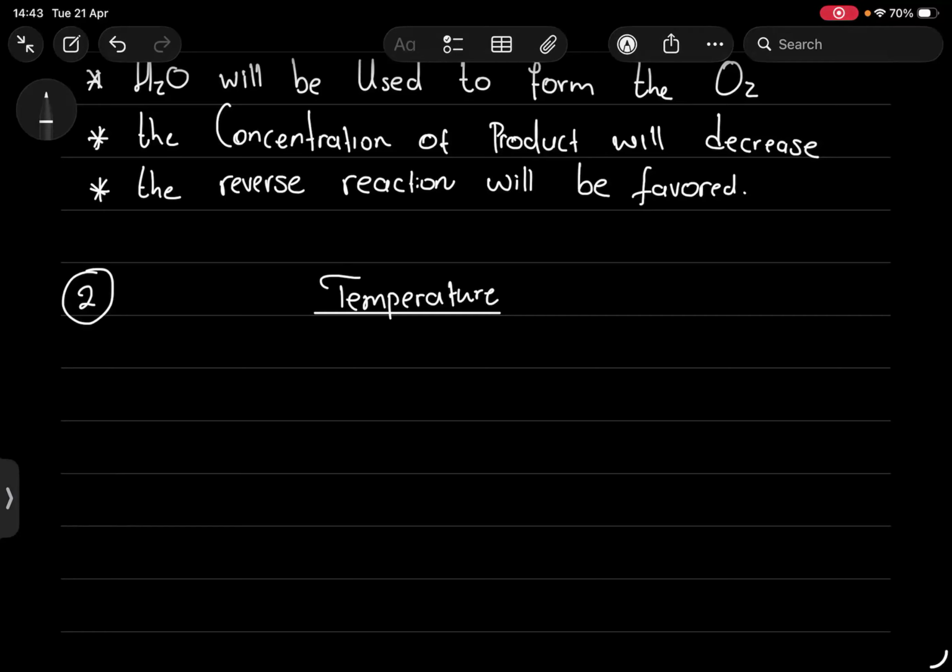So, if I have A, B plus C, it's going to be equal to AC plus B, okay? And I'm telling you that the enthalpy is greater than 0. What type of reaction is that one?